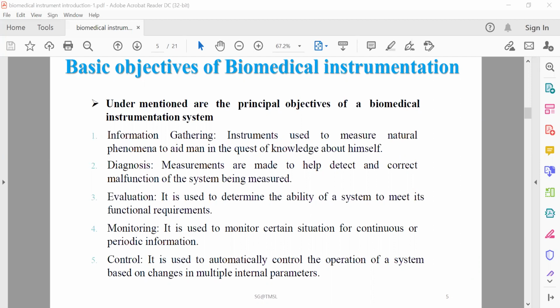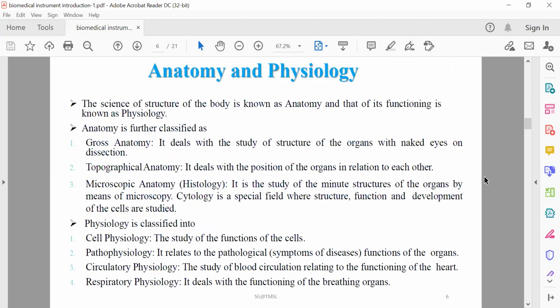So move on to the next slide: anatomy and physiology. What is anatomy? The science of the structure of the body is known as anatomy. And what is physiology? That of its functioning is known as physiology.